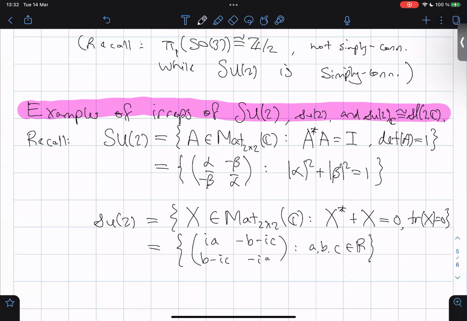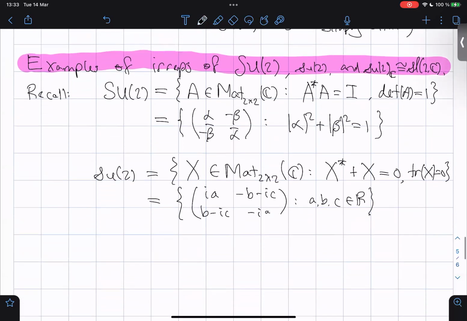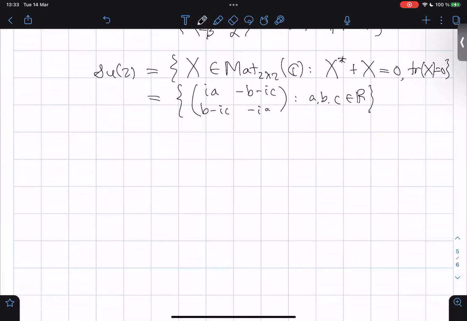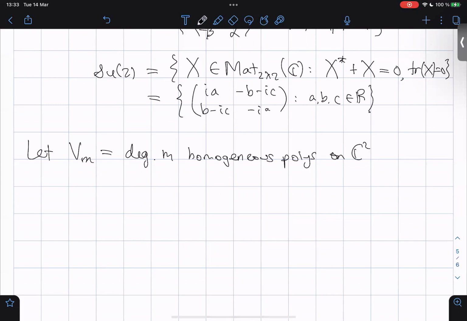Okay, so let's talk about representations of both of these. Is that okay? Let's define a vector space: the degree m homogeneous polynomials defined on C2.